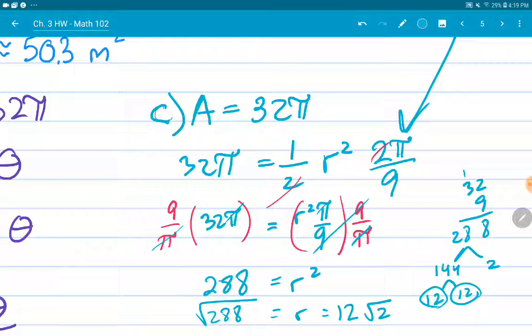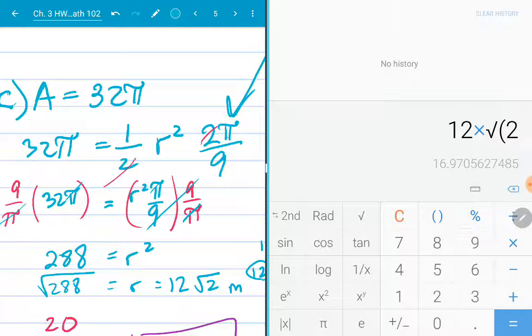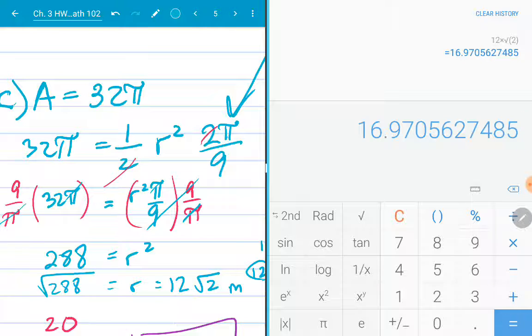And this is in meters. And to estimate that decimal, we can get 12 times radical 2. And I get that r is approximately equal to 17 meters.